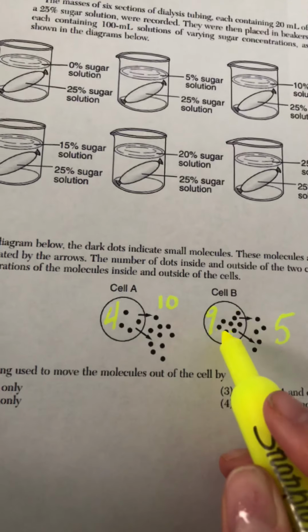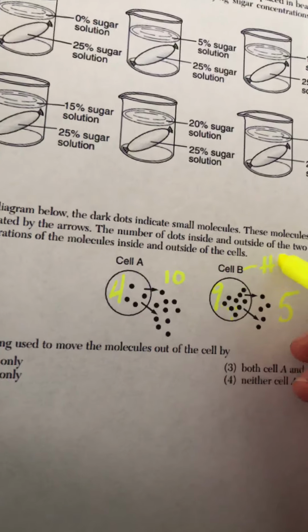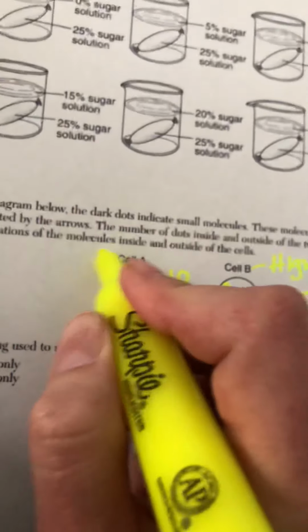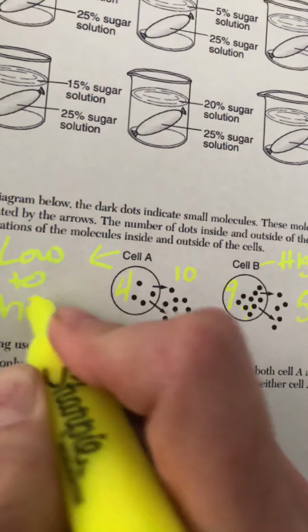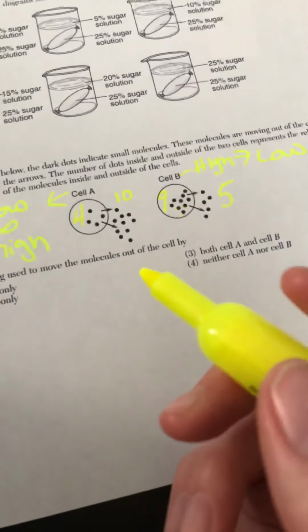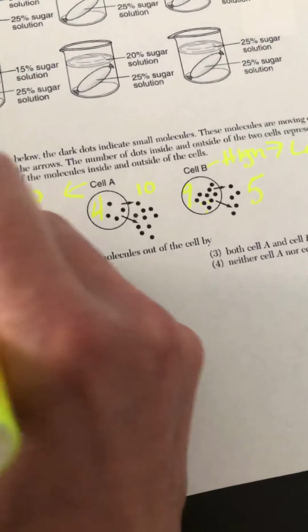This one is moving from an area of high to low. So B is high to low. Cell A is low to high. So when you're moving from low to high, that's going to be the term diffusion.